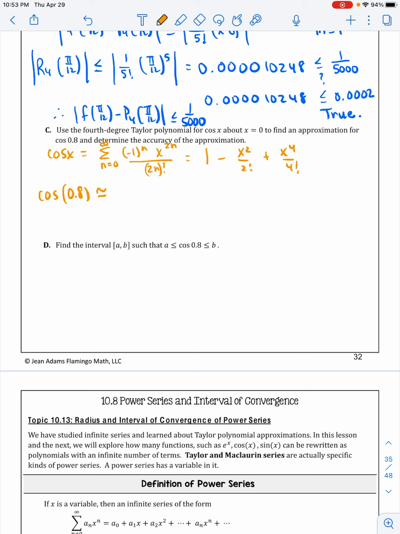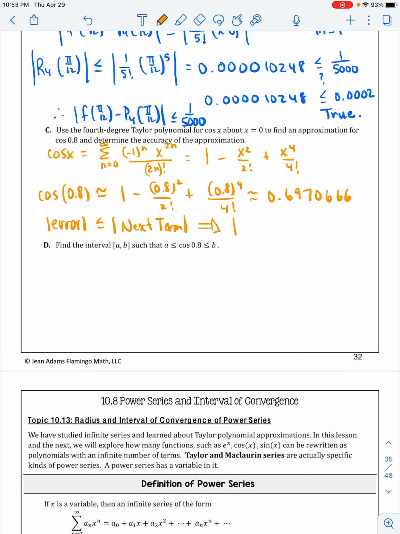And so this is going to be 1 minus x squared over 2 factorial plus x to the 4th over 4 factorial. And now we look at the cosine of 0.8 as being equivalent to 1 minus 0.8 squared over 2 factorial plus 0.8 to the 4th over 4 factorial, which is approximately 0.6970666.